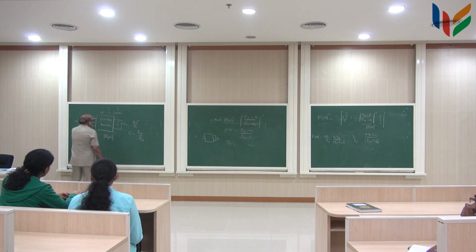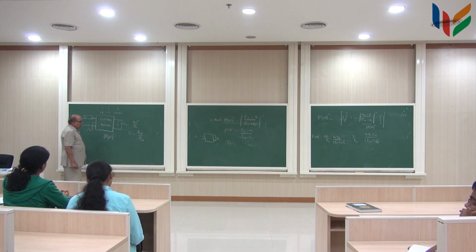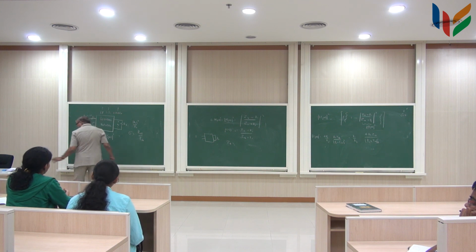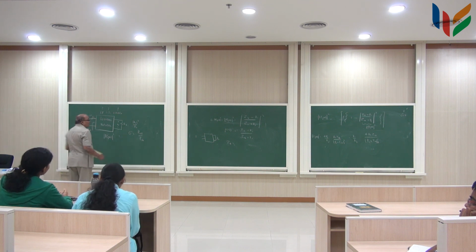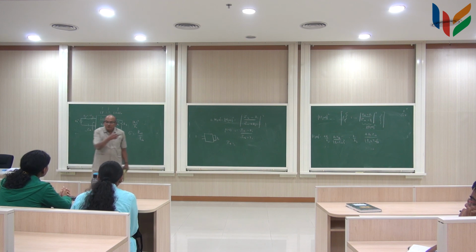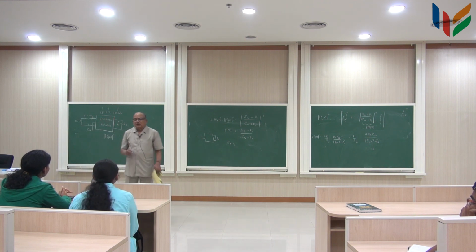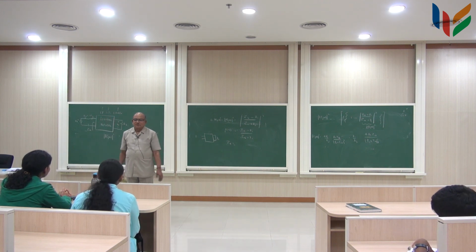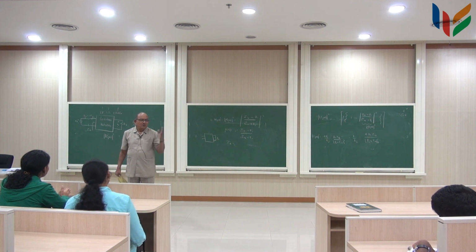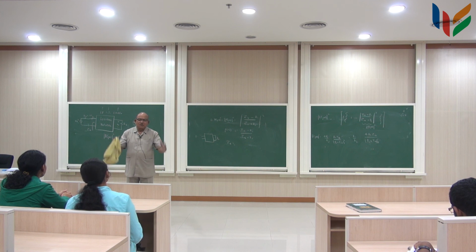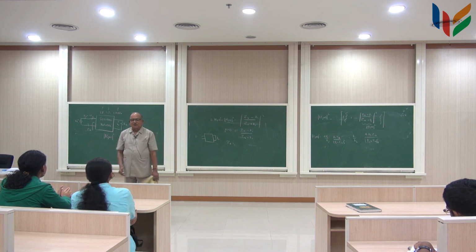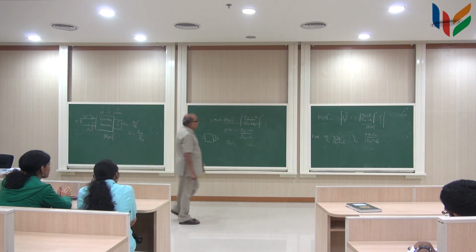But anyway, I won't go into it, it's a lot more complicated. In fact, the whole of network theory has grown only for this problem: how to match a given load impedance and a source impedance, and what network to synthesize in between. For this purpose, the whole of network theory has developed.